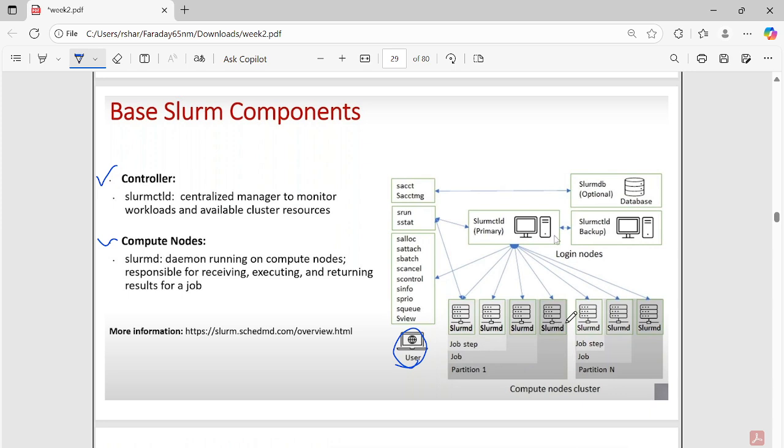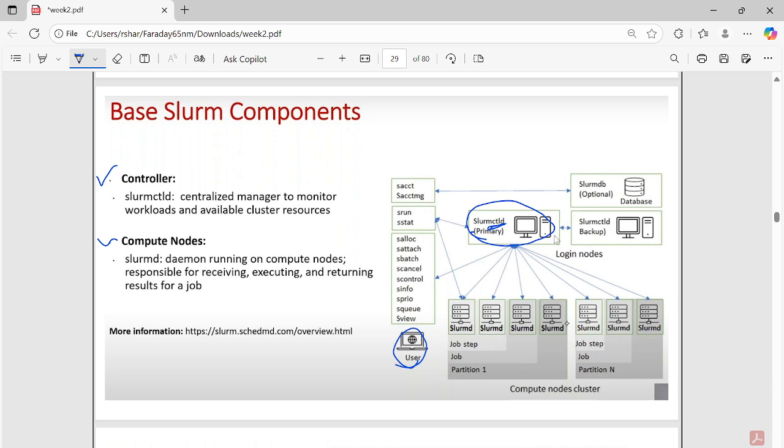In the login node, we have the controller, and it is running a daemon. The daemon is the Slurm controller, like slurmctld.